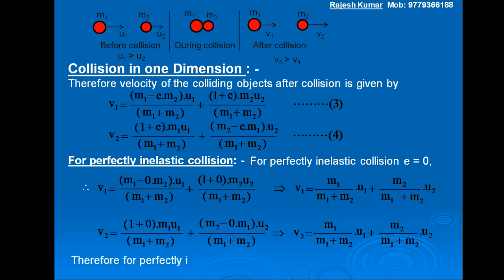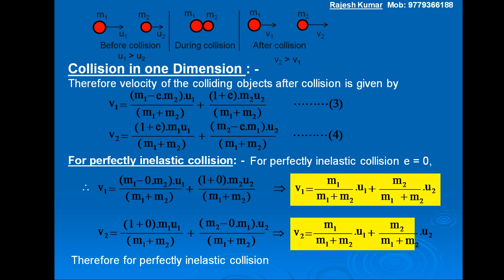Therefore, for a perfectly inelastic collision, these two equations show that V1 is equal to V2. That is, in case of a perfectly inelastic collision, the velocities of the colliding objects become equal after the collision.